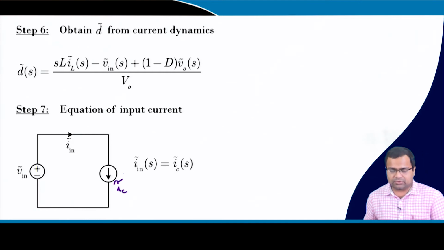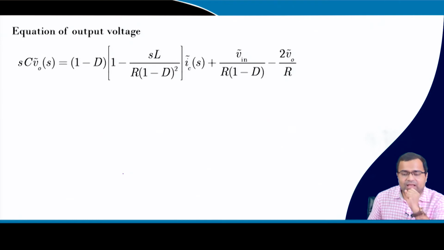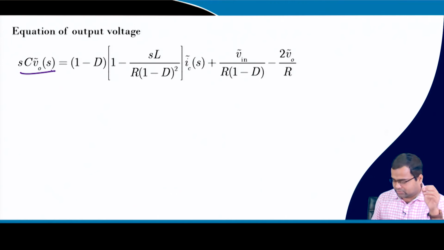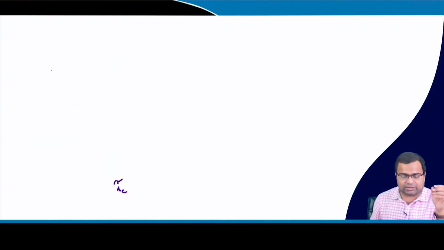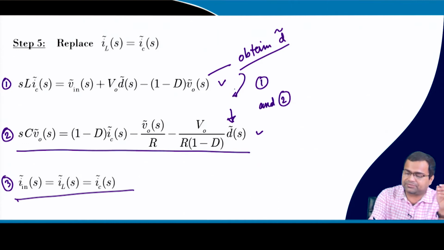Then next, we want to write the equation of the output voltage. What is that? For the output voltage we have an equation, and initially there was a duty ratio term, right, and we want to replace the duty ratio from this equation.